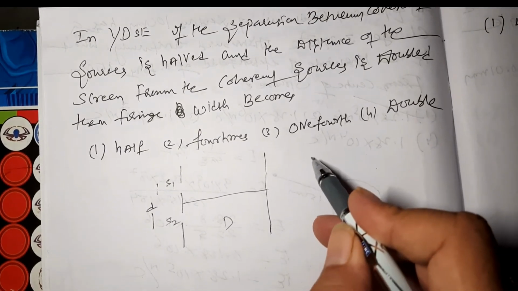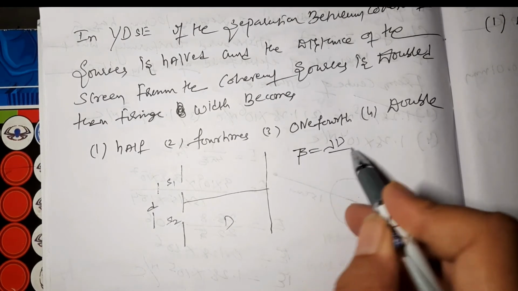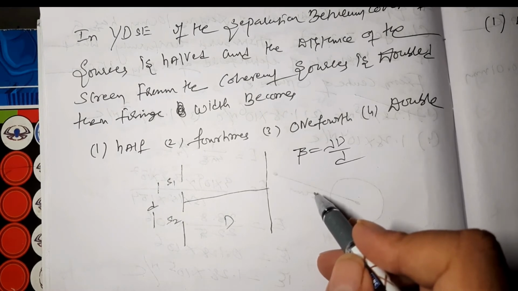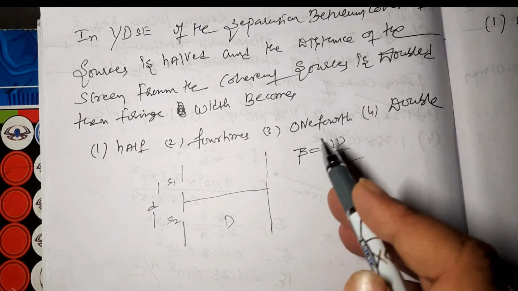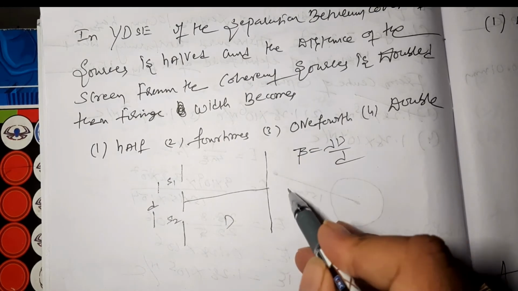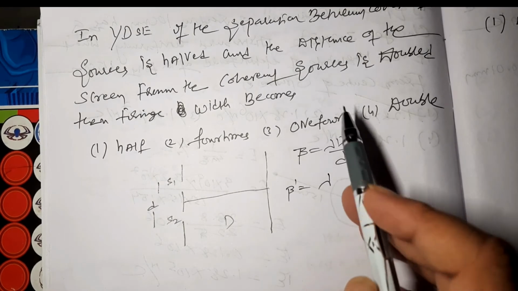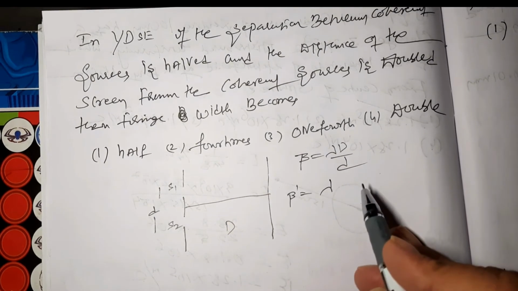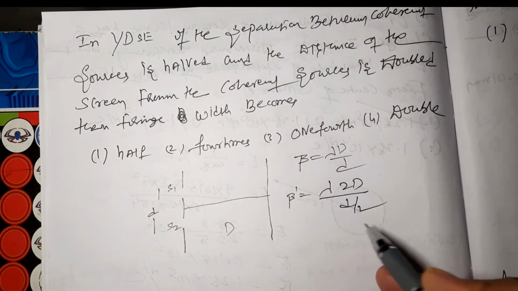So we know that fringe width beta is equal to lambda D by d. Separation between the coherent sources is halved. That means here beta dash is equal to lambda into the distance of the screen doubled, that is 2D, by d by 2.